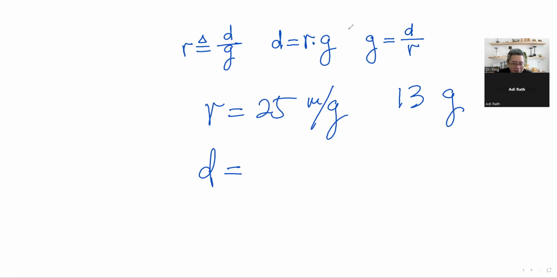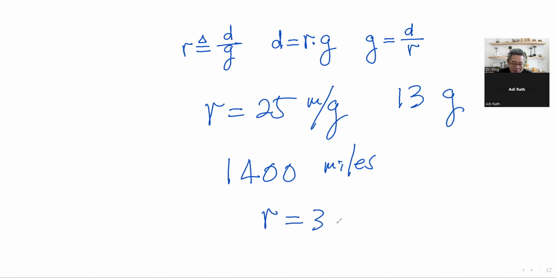So now instead of that, we know we have to go 1400 miles, and our mileage rate is, say, 30 miles per gallon. So how many gallons do we need?